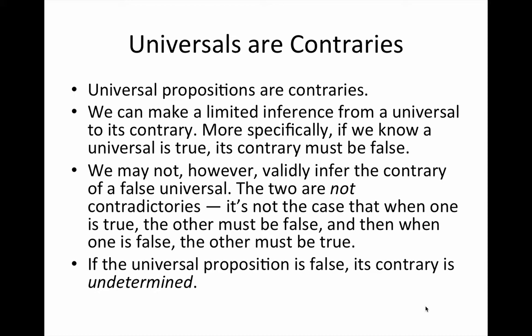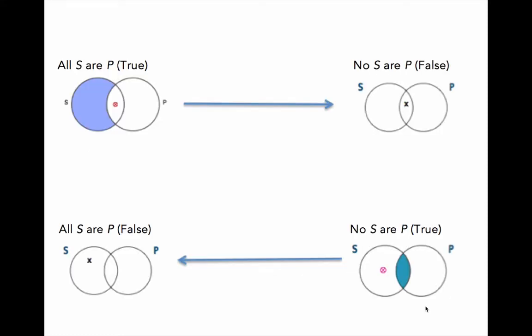So, although if a universal proposition is true, its contrary must be false, if the universal proposition is false, its contrary is undetermined. In other words, the truth value is undetermined. On the other hand, we know when an inference is valid that the truth value is determined. It's forced.